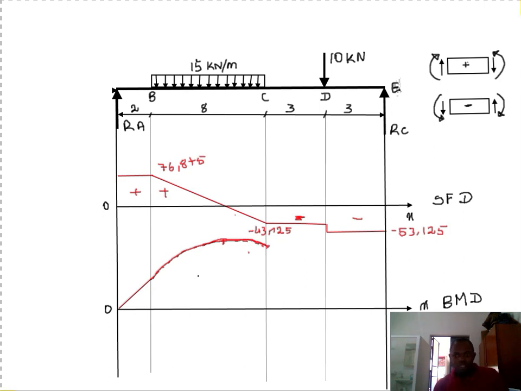Not that straight, but this is only for illustration purposes. Our maximum bending moment will occur here.